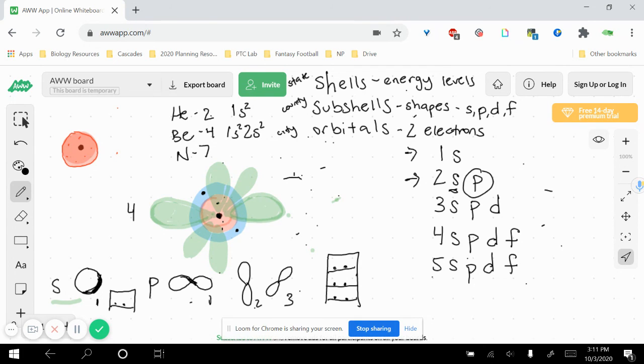So we can put 1 electron in this horizontal lobe, this x-axis lobe. We can put 1 electron in this vertical lobe, so up and down, and we can put 1 electron in this z-axis lobe, the one that's coming towards you or going behind you.